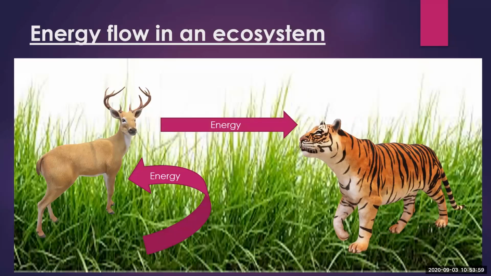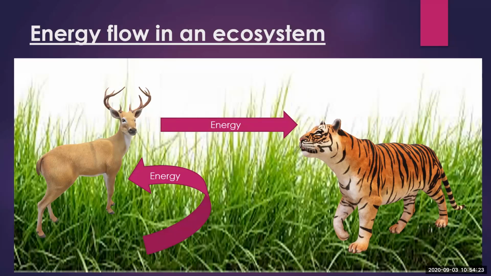Then this tiger will eat the deer. So the energy will pass on to the tiger. When the tiger feeds on the deer, the energy will pass to the tiger. So this energy is what? Unidirectional. It flows in one direction only.